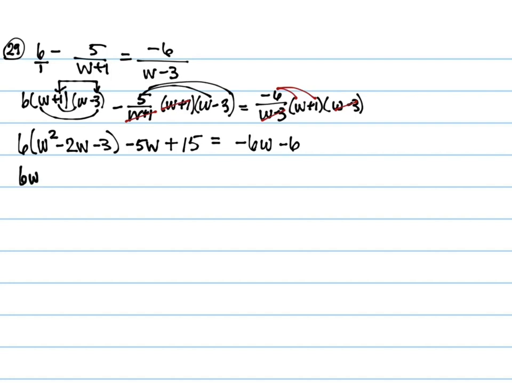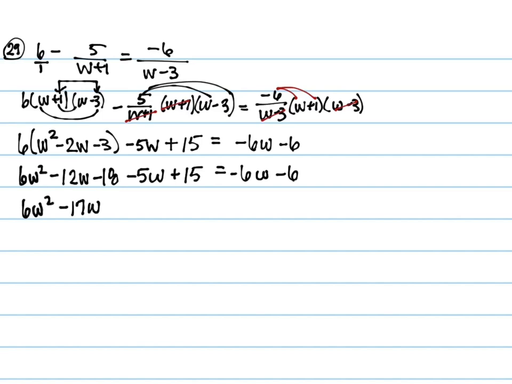I have 6w squared minus 12w minus 18 minus 5w plus 15 equals negative 6w minus 6. So let's combine like terms. I have 6w squared, negative 17w, and negative 3 on the left, and then negative 6w minus 6 on the right.